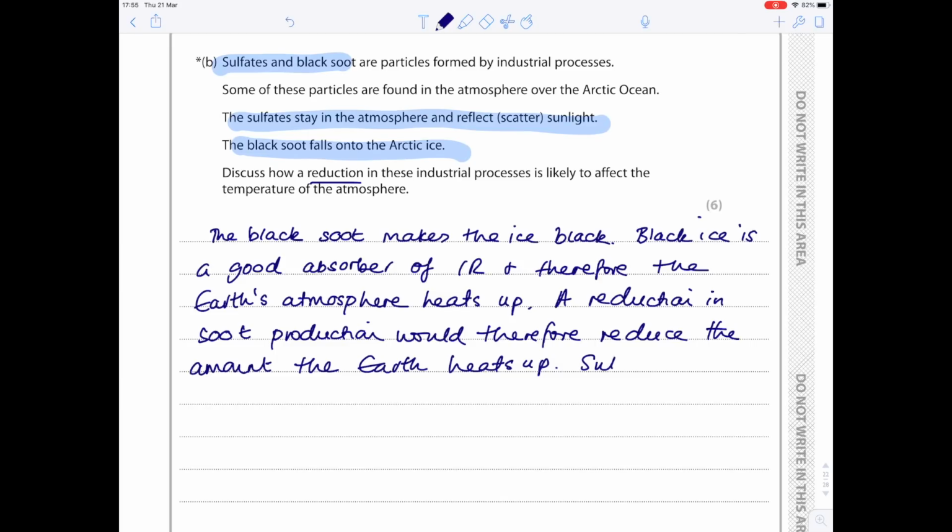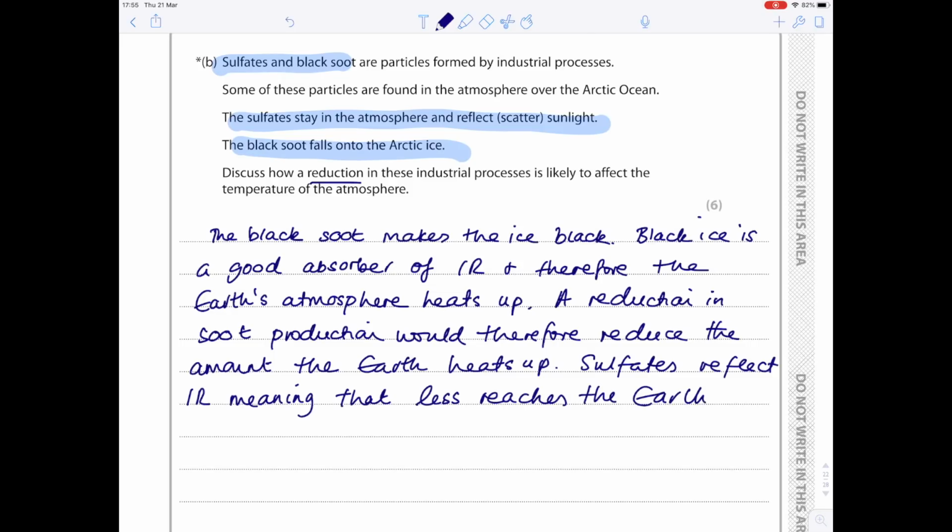So sulfates reflect infrared radiation, meaning that less reaches the Earth. And so the Earth's atmosphere remains cooler.